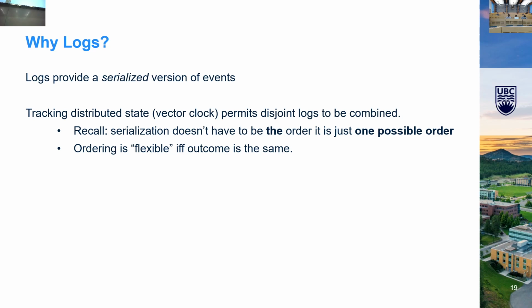It just has to be an order in which they could have happened and yielded the same outcome. So we have potentially many different ways of getting there that are small differences in order that don't matter. That ordering is only flexible if it really does give us the same outcome. If it actually changes the outcome, then it's no longer a serialized order.